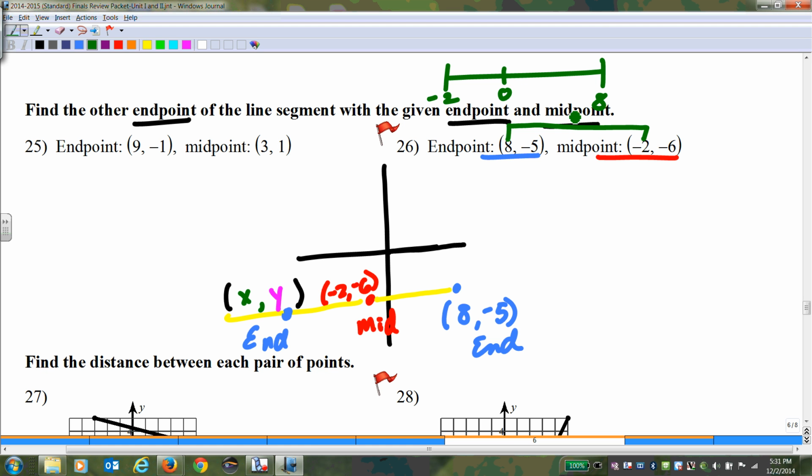So I know the distance here is going to be 10 units, and I'm going down the number line. Here, I want to find what that x coordinate is. I have to go 10 units down as well. So if I start at -2 and I bunny hop 10 units down this way, I'm going to be at -12.